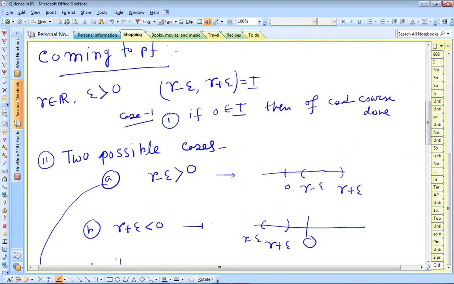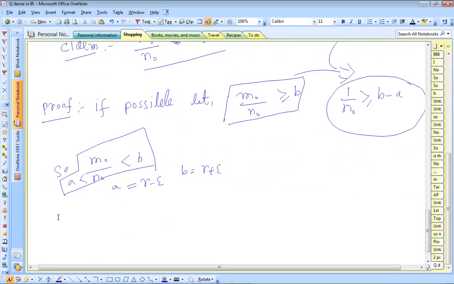So we are done with this case 1. Now we will go for case b. Okay, so the proof of case b will be done as follows.